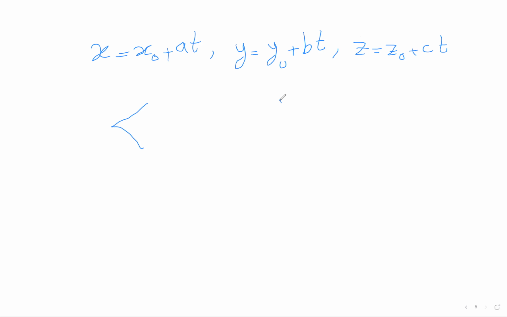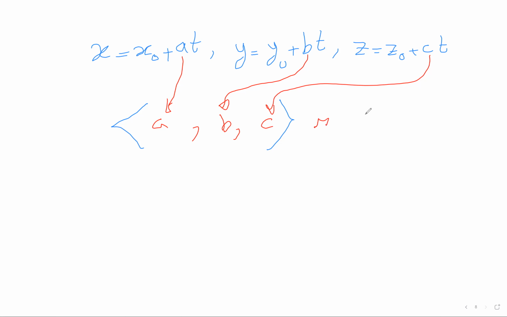So now we know that when we have a parametric equation, where x is x0 plus a times t, y is y0 plus b times t, and z is z0 plus c times t, the vector consisting of these three coefficients of t, a, b, and c, is parallel to the line.